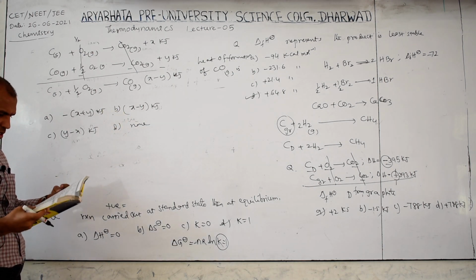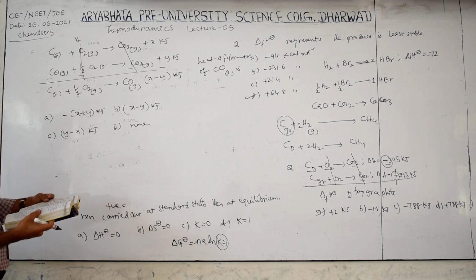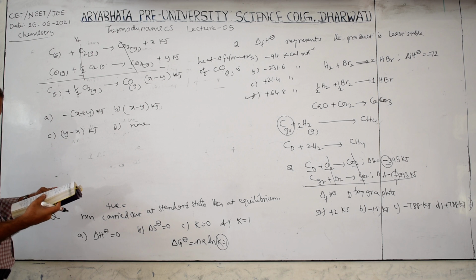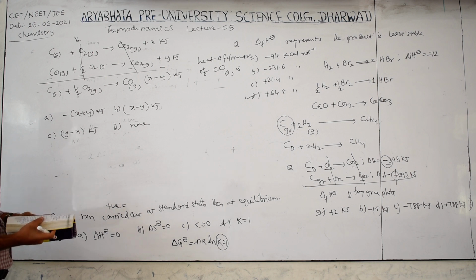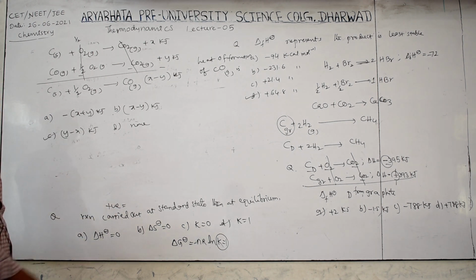Once again I will check which question I am discussing. Y minus X. Y minus X means option C. How is this?